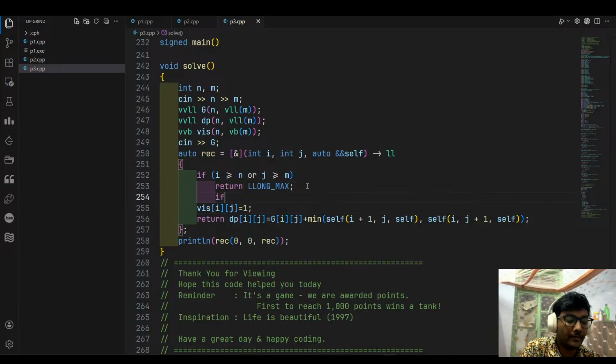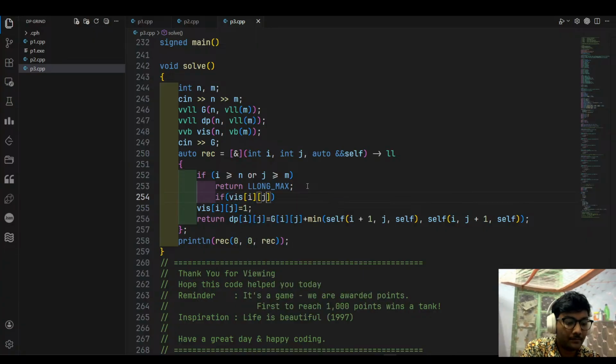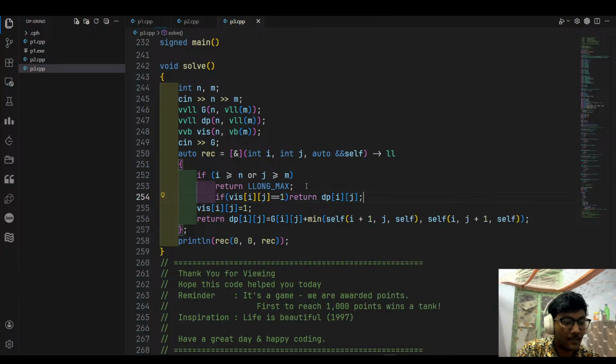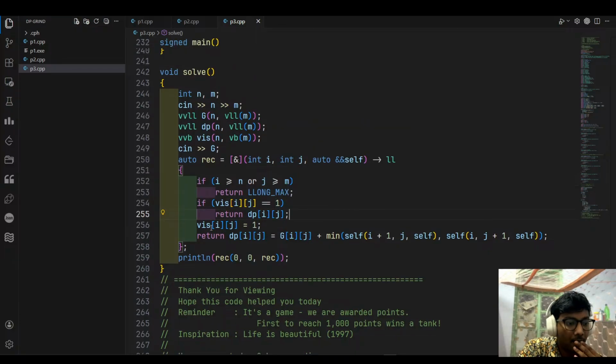And of course if visited of i j equal to 1, then return dp of i j. I think this does it.